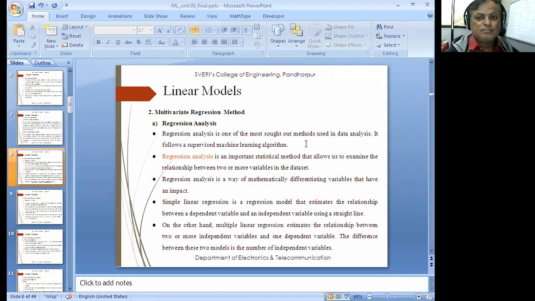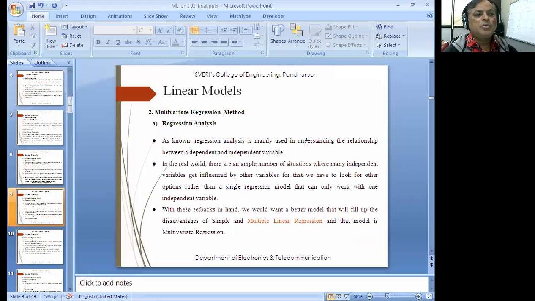Two or more. है ना, लेकिन दिस गिव्स यू आइडिया अबाउट टू और मोर इंडिपेंडेंट वेरिएबल्स एंड वन डिपेंडेंट वेरिएबल. सो इंडिपेंडेंट वेरिएबल्स दो या ज्यादा होंगे, मगर एक डिपेंडेंट वेरिएबल के बीच में रिलेशनशिप निकाल सकता है. The difference between these models is the number of independent variables. So obviously when we find out the difference between simple linear regression and multiple linear regression, we can say the difference is the number of independent variables.